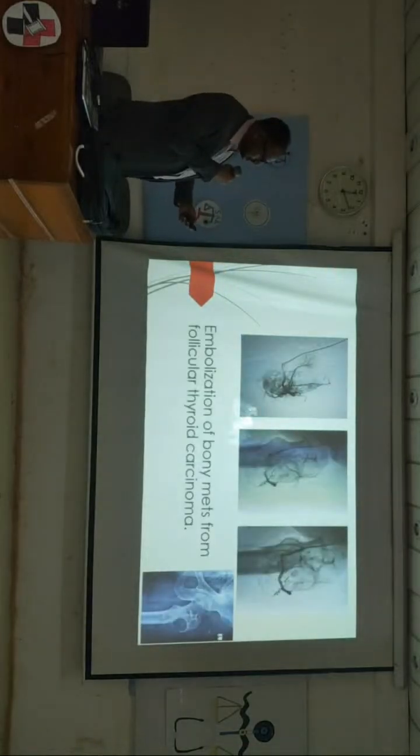Another patient with bony lesions. This is bony mets from follicular thyroid carcinoma, and here it is very vascular, and we embolize it, and then the patient underwent surgical fixation of this pathological fracture.